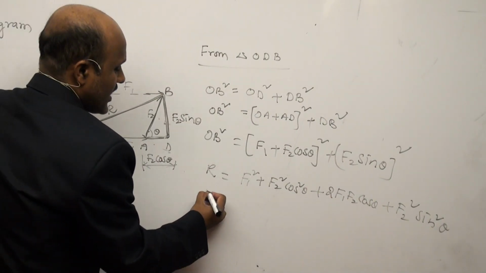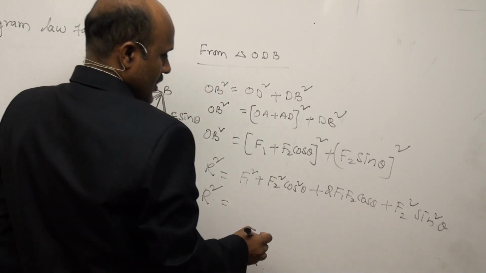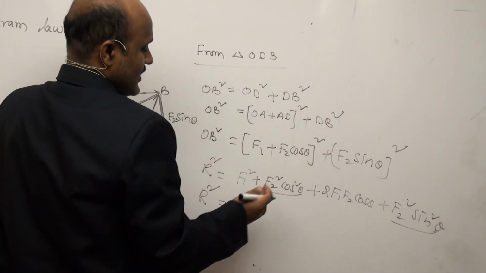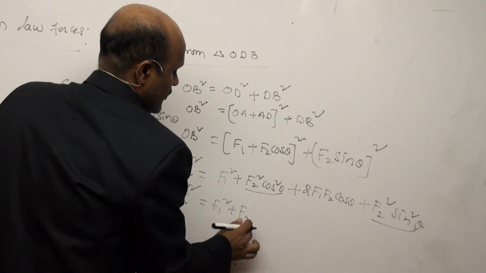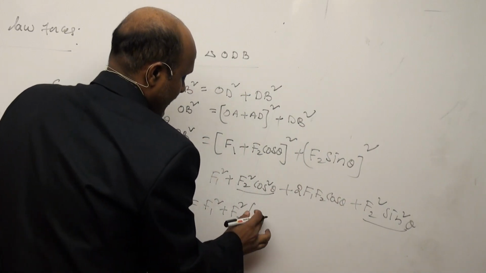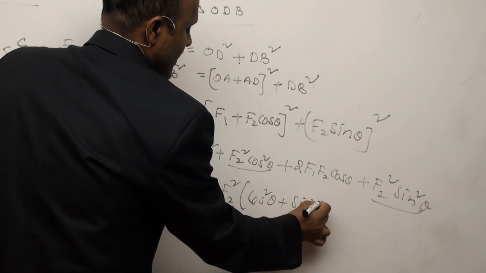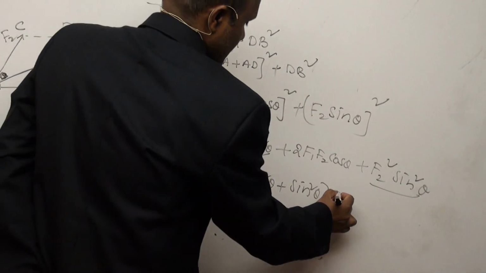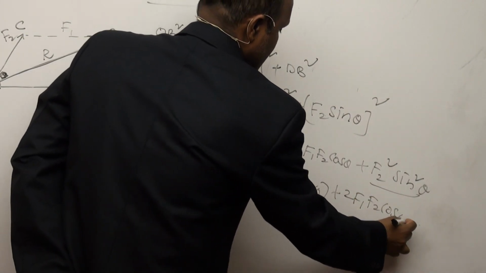So R square is equal to F1 square plus F2 square cos square theta plus F2 square sin square theta plus 2F1 F2 cos theta, taking F2 square common.